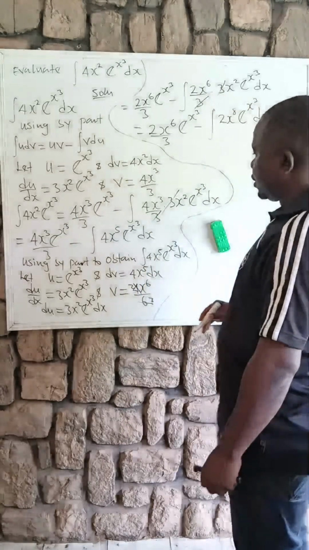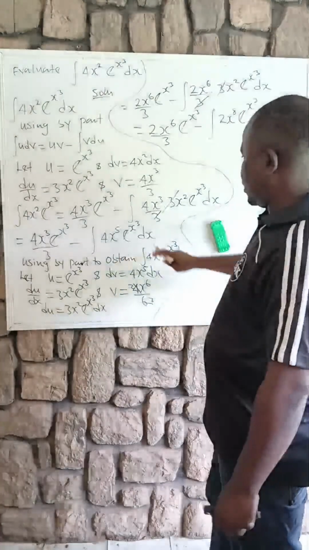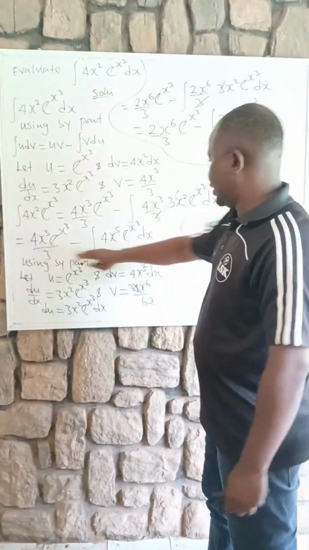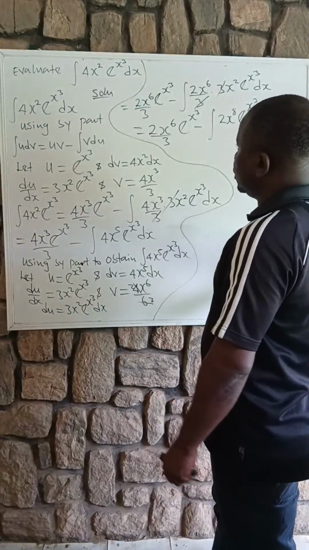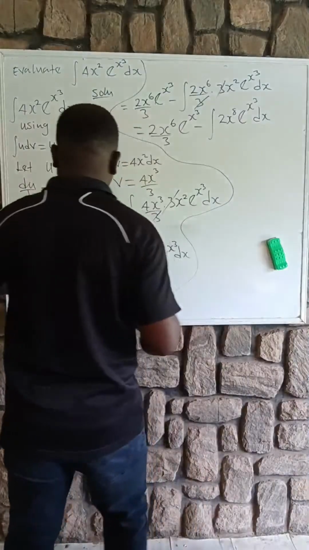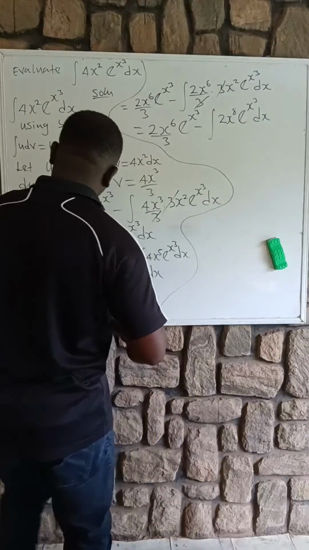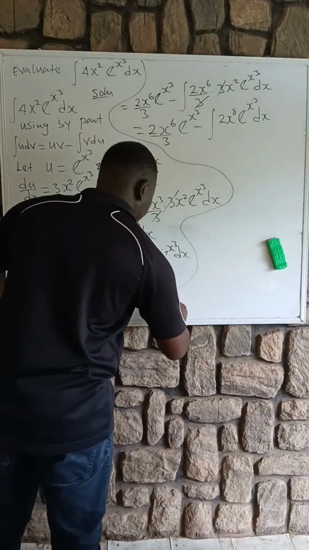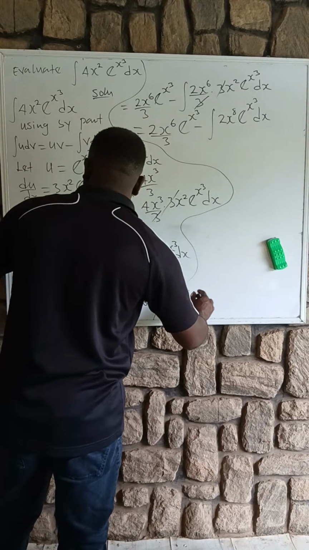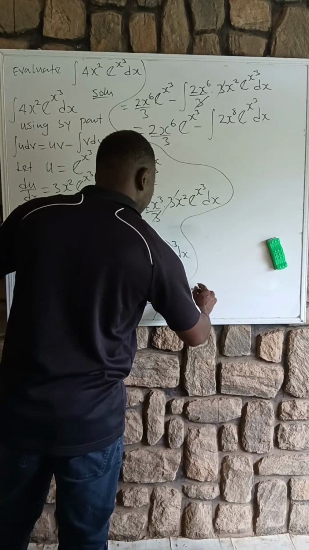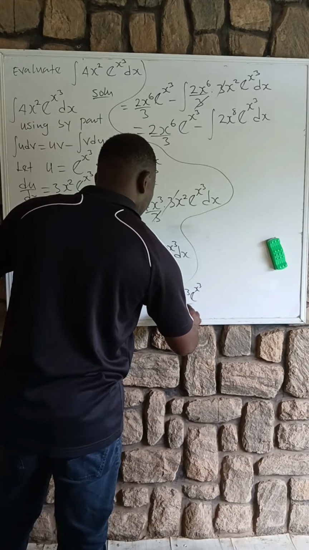So it means the whole thing here is from this integral. So we can rewrite this here. It means this is equal to 4x raised to the power 3 exponential x raised to the power 3 all over 3.